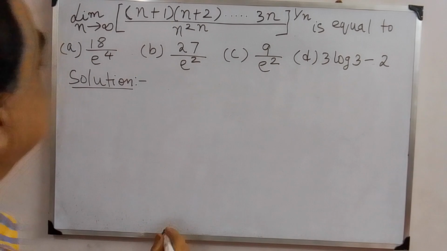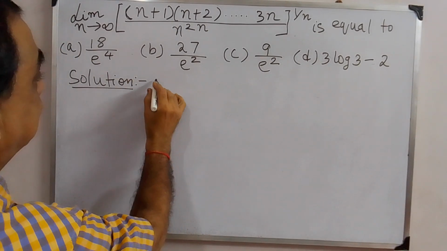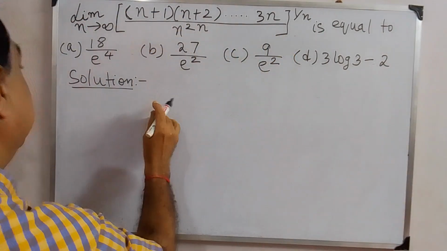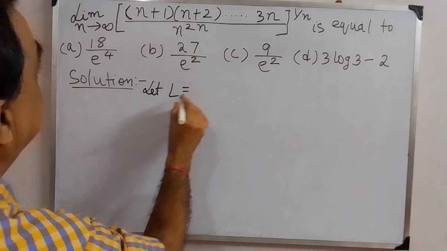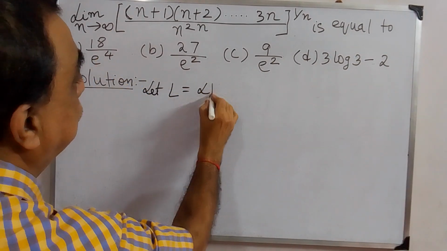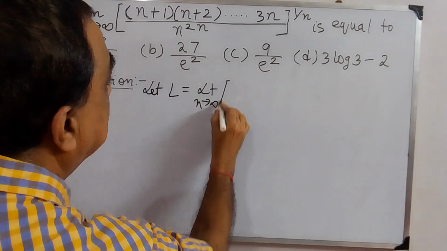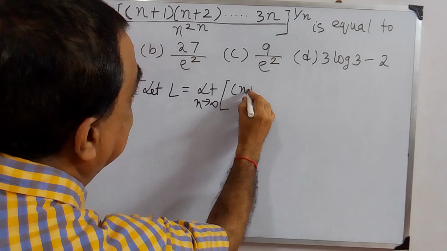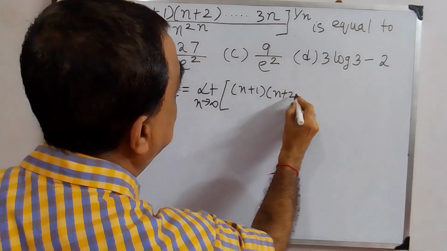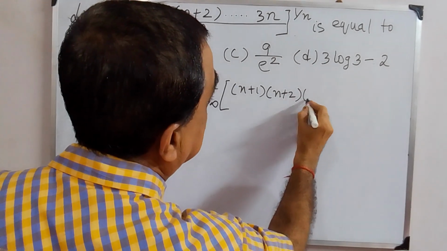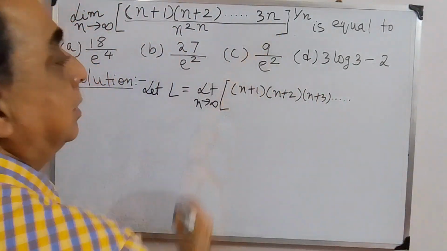So how will we do this? See here, let this limit be capital L. So L is equal to limit n tends to infinity, here it is n plus 1 and this is n plus 2, then will come n plus 3 and up to 3n.